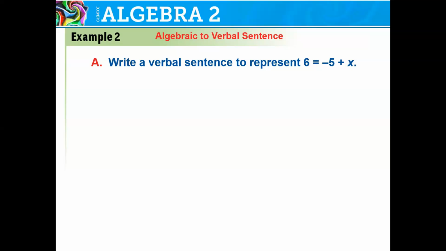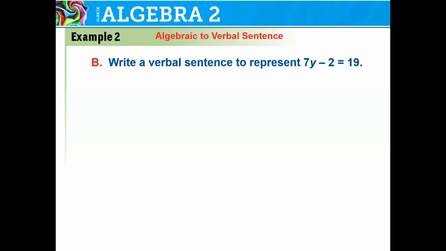You always want to say equal to because we have that equal sign. So 6 is equal to -5 increased by a number. Let's see how close we got. 6 is equal to -5 plus a number. You can see the algebraic to verbal is basically the same context. Just make sure you're using your key terms. Increased by, more than, less than, difference, quotient, all that good stuff.